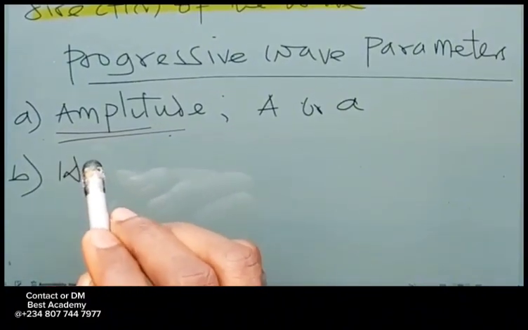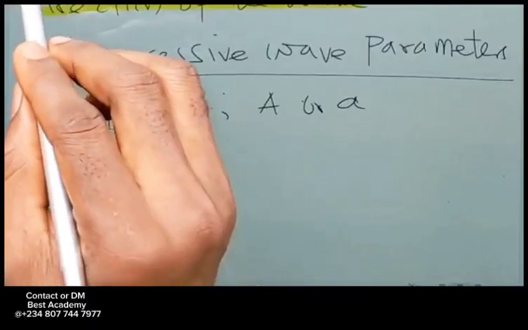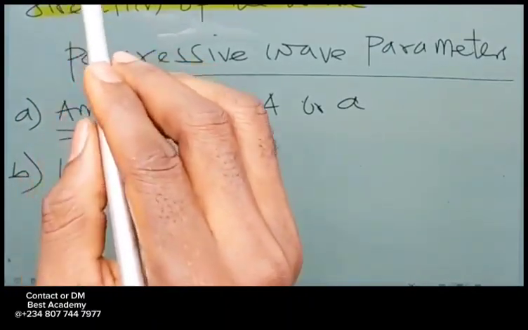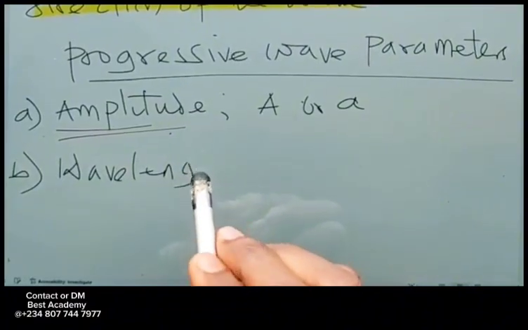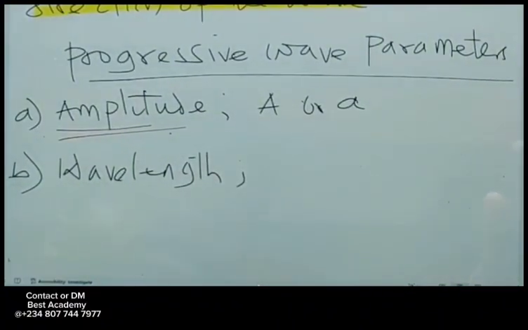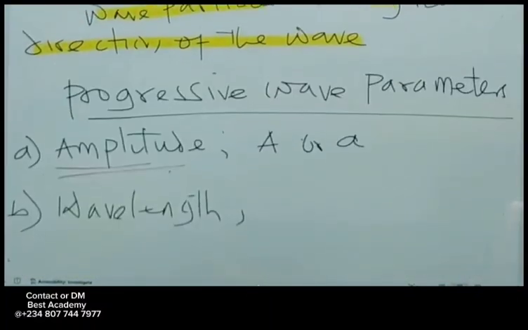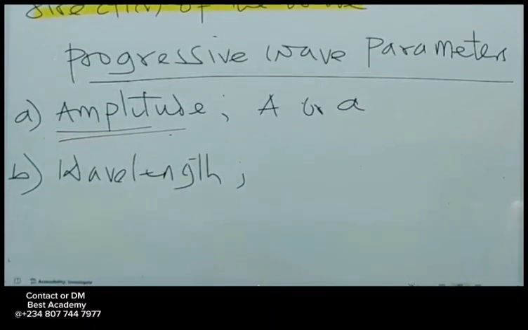So now let's take the next one, B, the next progressive wave parameter, which is wavelength. Now let's take the definition of wavelength. The distance between two successive crests or troughs is called wavelength.